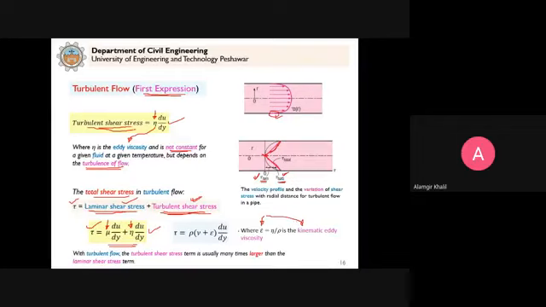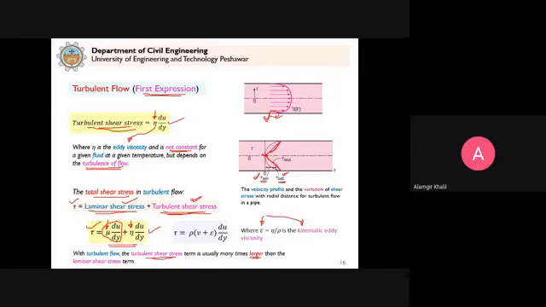Later on we may solve a problem, and you will see that this turbulent shear stress term is many times larger than the laminar shear stress. But anyhow, because near the pipe wall we have a laminar flow condition, not true laminar flow, that's why we use this equation to calculate the total shear stress.